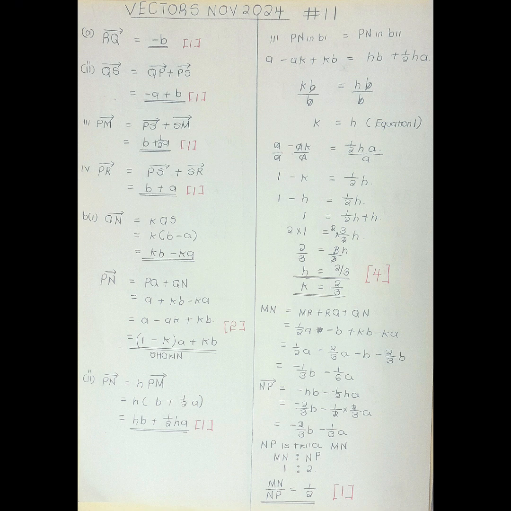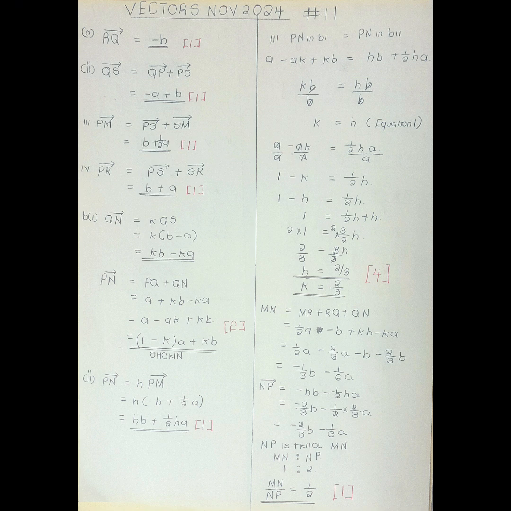And then we need to find the relationship between MN and NP. If you multiply MN by 2, we get NP. So it means that MN is to NP as 1:2. When writing, we say MN over NP is equal to 1/2. So that was all about the vectors.